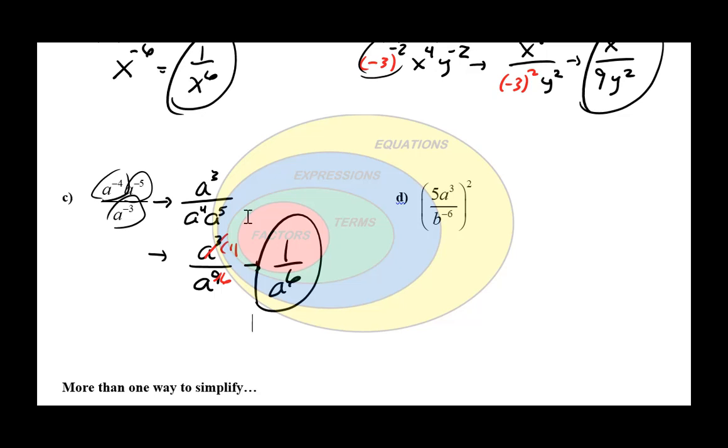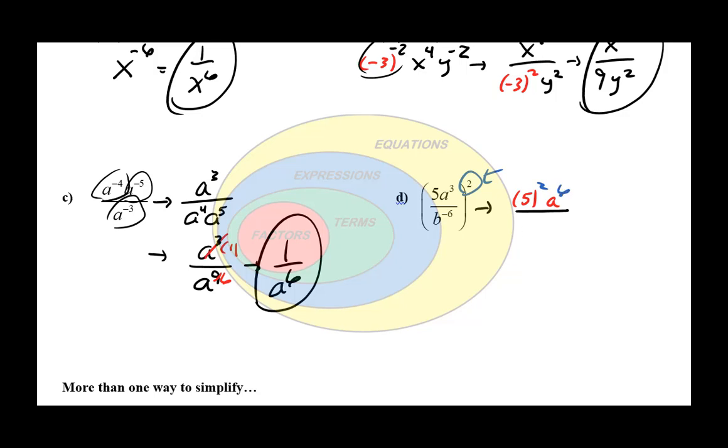All right, so for D then, I do have this outside power. So I'm going to apply that outside power to every factor on the inside. So that would be a factor of 5 raised to the 2nd power. We'd have a factor of a, and a cubed to the 2nd power would be a to the 6th power, multiplying those exponents.